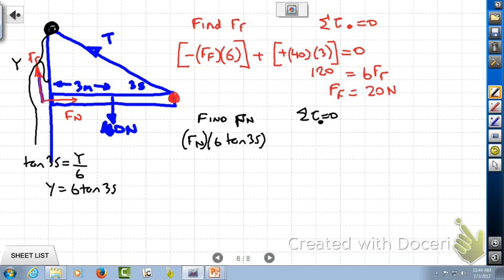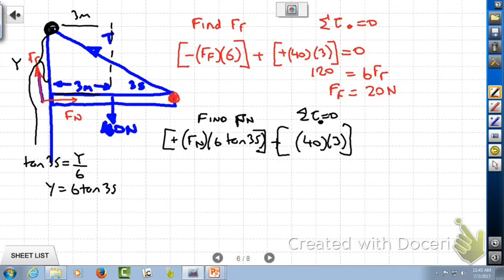We're talking about the Fn, so the Fn is going to give us a counterclockwise torque, which is positive. Added to that, the only other force we've got here is this 40. If you push this back, that there is the same as that there, so that's 40 times 3 meters, and that's going to give us a clockwise torque, which is negative, equals 0.